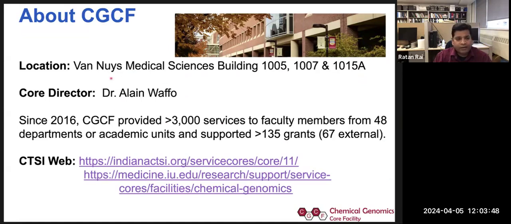Since 2016, the Chemical Genomics Core facility has provided more than 3,000 services to the faculty members from 48 departments or other academic units, and supported more than 135 grants, out of which 67 are external. You can go on the Indiana CTSI website and look for more information about our core services and policies. And the link is provided over here.